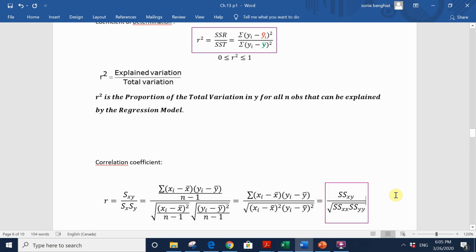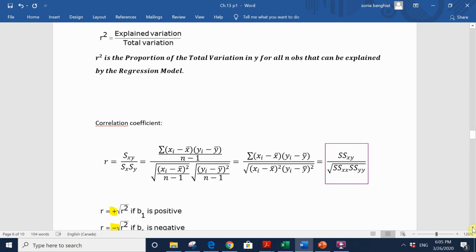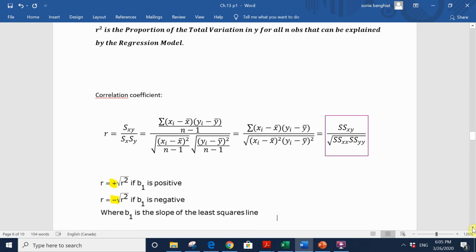And so I can generalize now my R correlation coefficient to be equal to the sum of squares of the x and y's divided by the square root of the sum of squares of the x times the sum of squares of the y's. Okay, so that is how you define R. Let's not forget that R, of course, varies between -1 and +1.